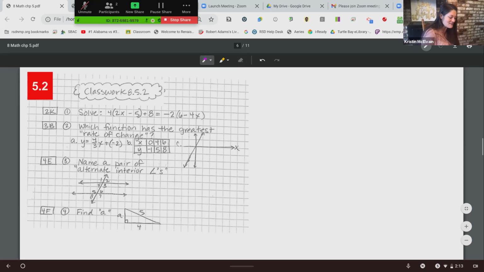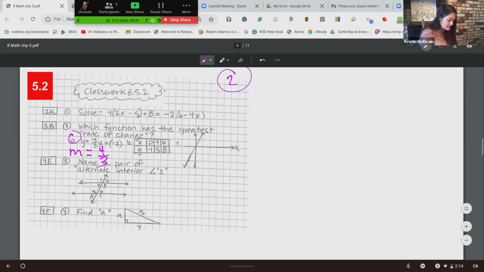All right. Number 2 says which function has the greatest rate of change. So rate of change is slope, and we're simply finding which of these has the biggest slope. Okay, so we can look at A right here, and just looking at it is in slope-intercept form, which we can easily see that for A, m equals 4/3.